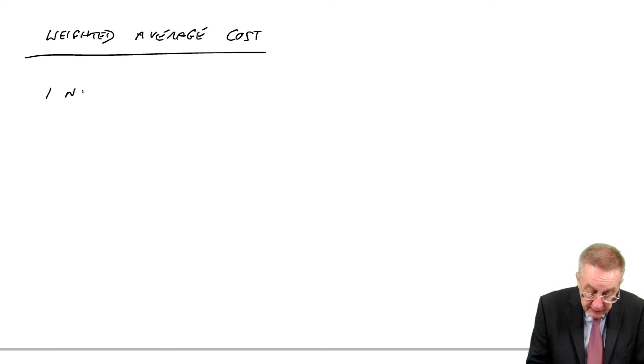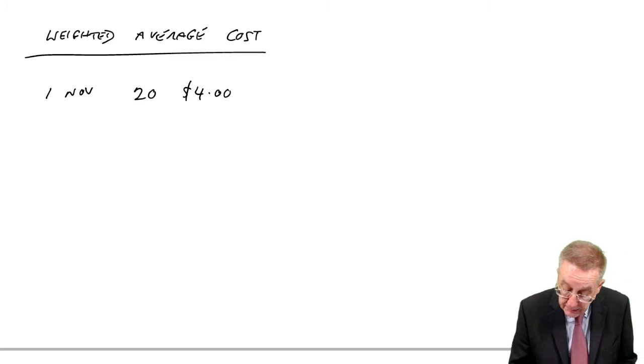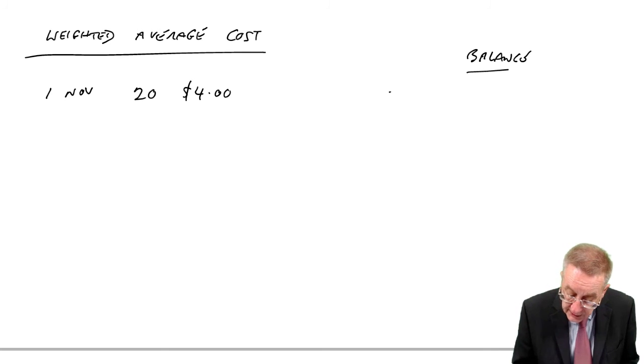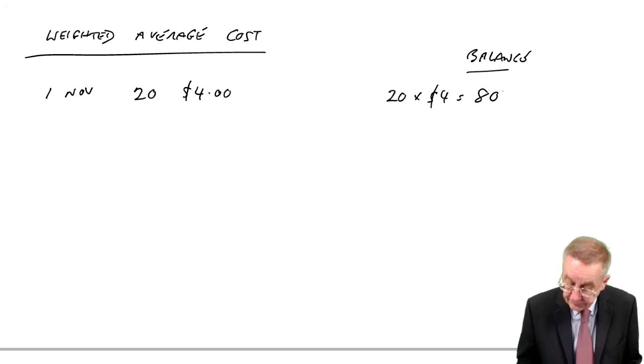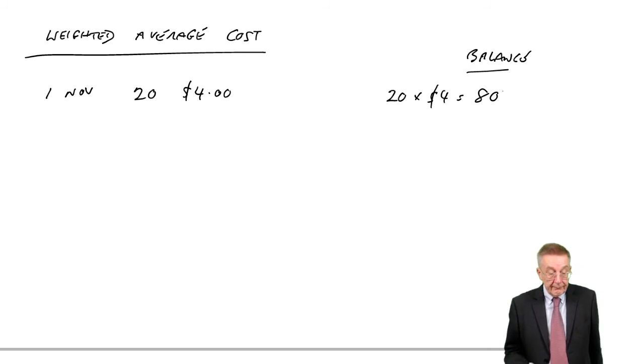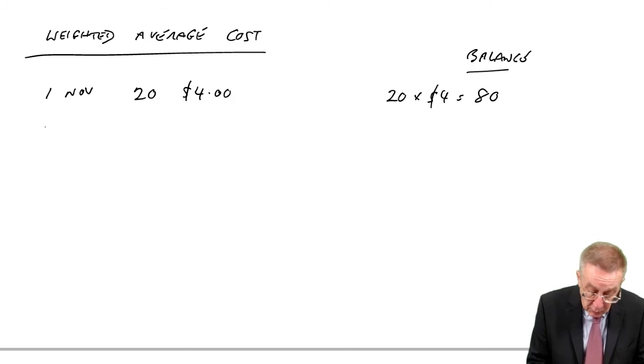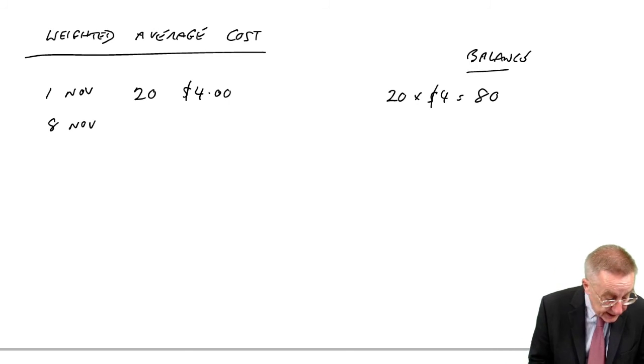We start on the 1st of November with 20 units at $4 each. And so as before, our balance, obviously, 20 units, $4 each, 80. We then buy some more. So on the 8th of November, we have a receipt of 140 units.